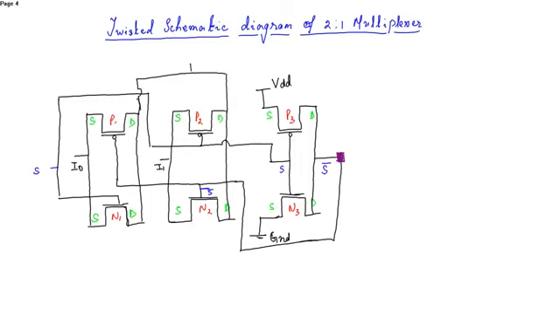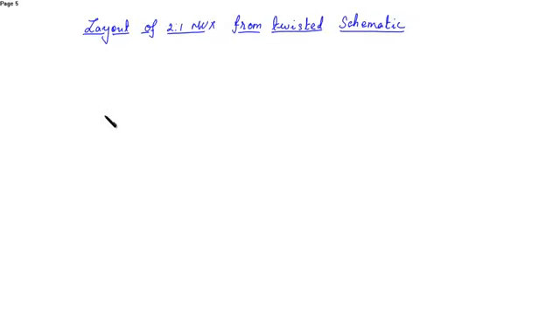And this is the final output, out. So this is I0, this is I1, S and out. From here we have to draw the layout of a 2 to 1 mux.